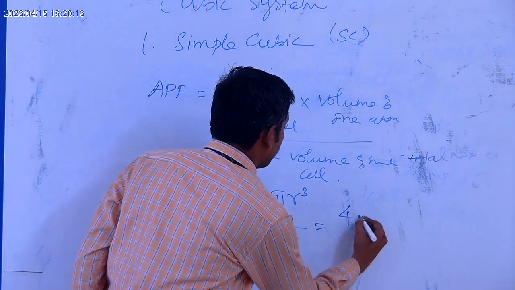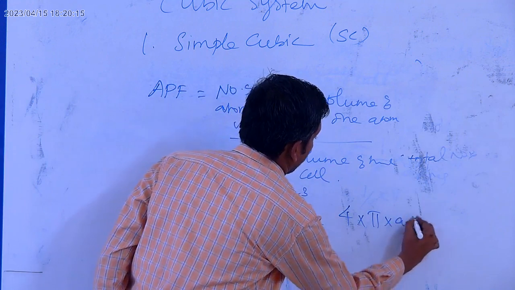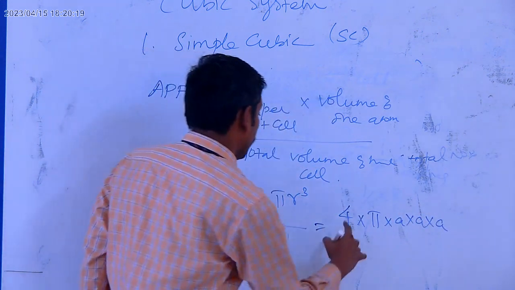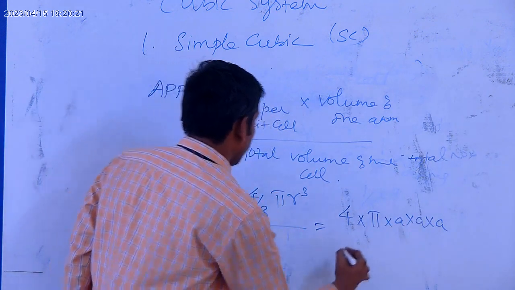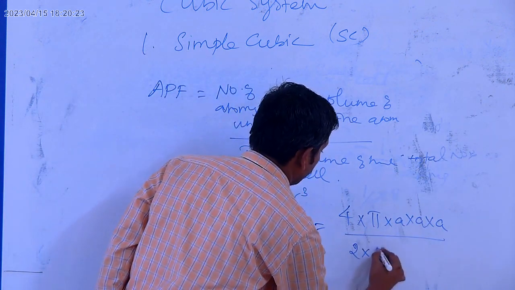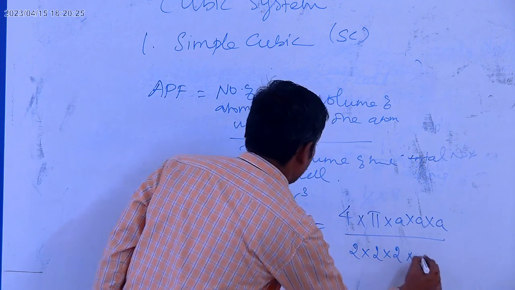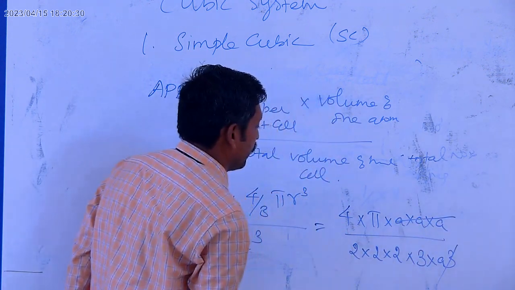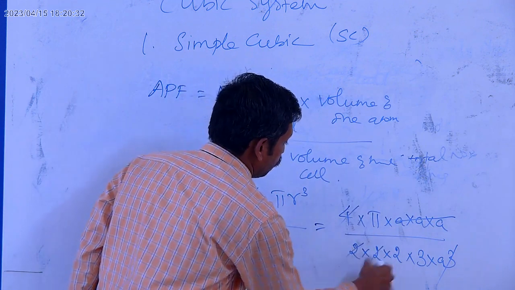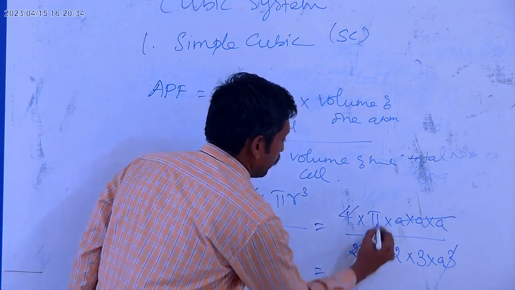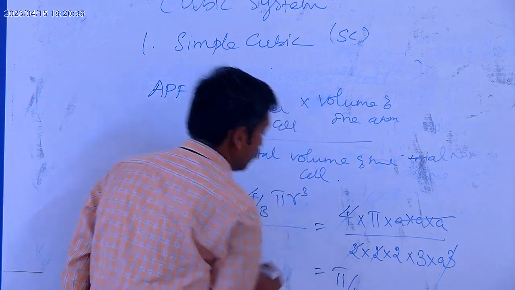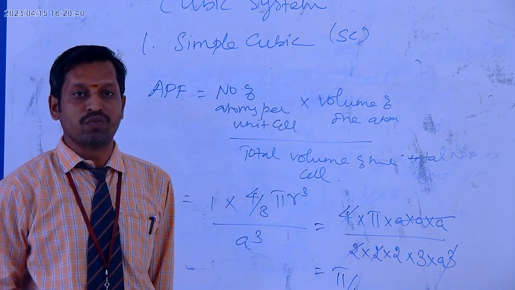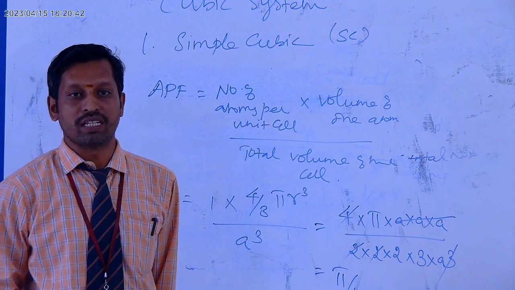Therefore 4 by 3 into pi into (a by 2) cube, that is 2 into 2 into 2 is 8, so a cube gets cancelled and the 2 gets cancelled. So we get pi by 6. This is the atomic packing factor for simple cubic structure.